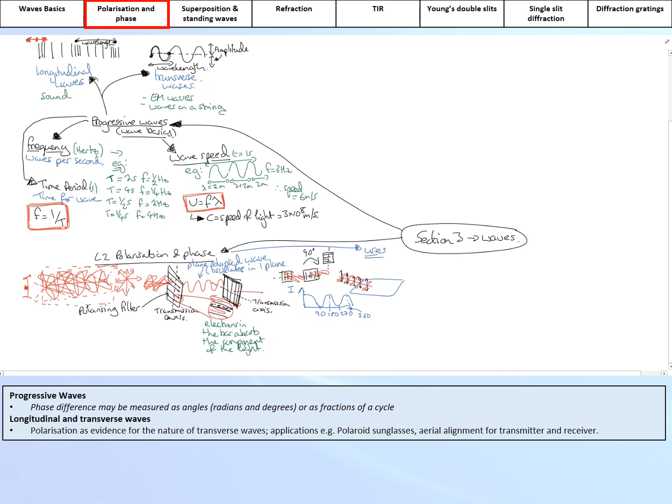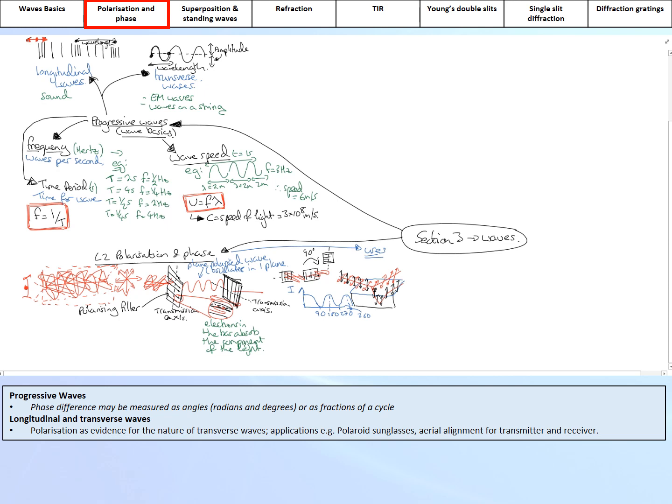Now it just so happens that when the light hits the surface, the bit that is parallel to the surface, the horizontal bit, is reflected. And the bit of light that is perpendicular at 90 degrees, so the vertical bit, is transmitted, and that might be transmitted down to the bottom of the swimming pool, say, down there, which then might be reflected back off and back out. Okay, vertical bit, vertical bit, vertical bit.